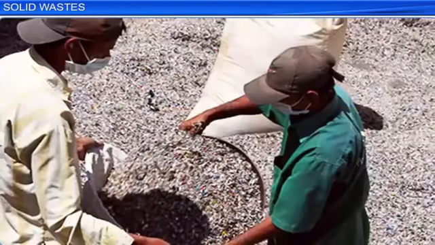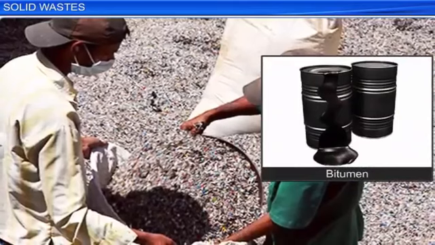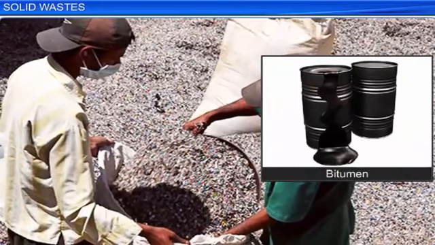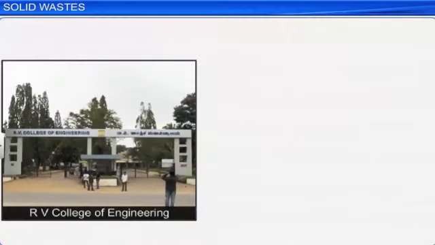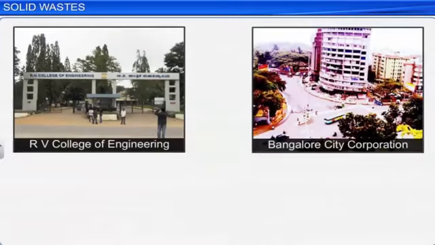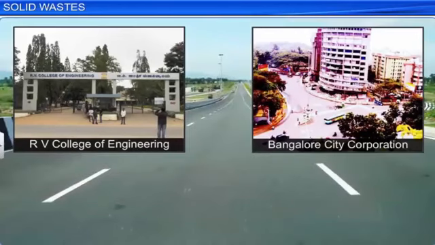This material was mixed with bitumen and used in the construction of roads. In fact, in collaboration with RV College of Engineering and the Bangalore City Corporation, Ahmad Khan was successful in proving that the lifespan of such roads increased 3 times.